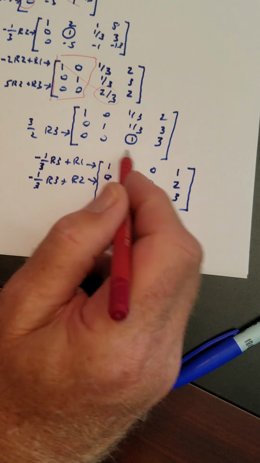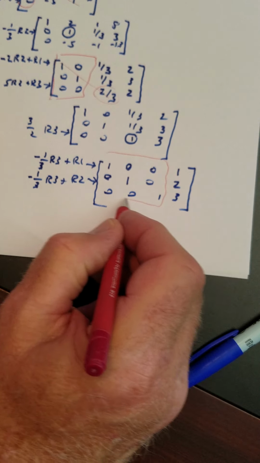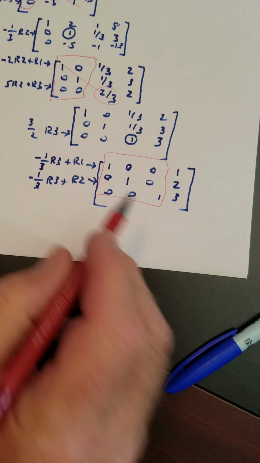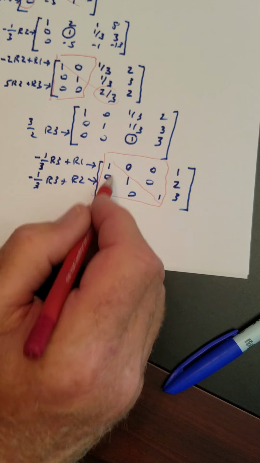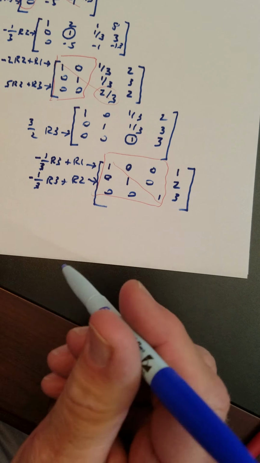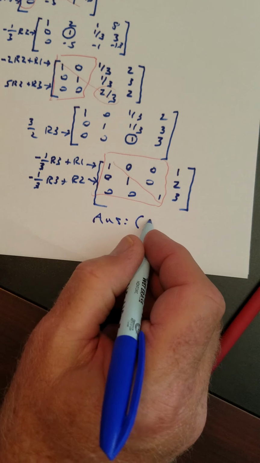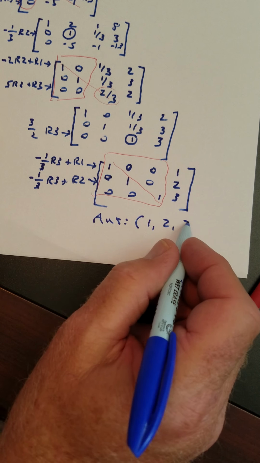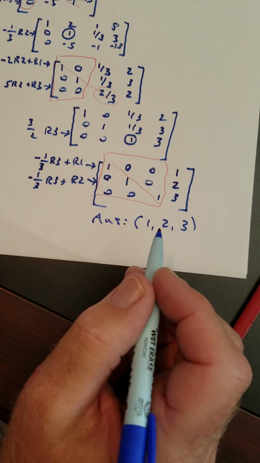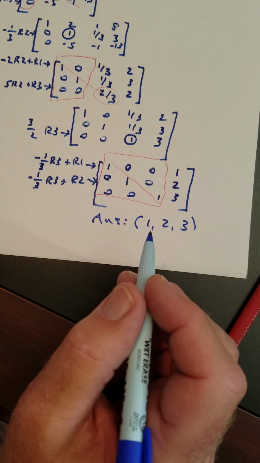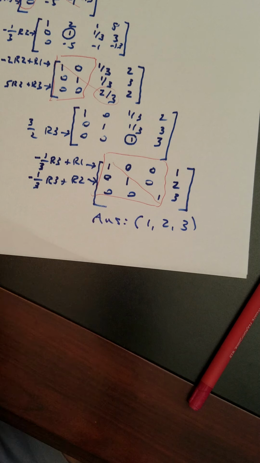Okay, so at this point here, you'll notice I've got ones on the diagonal and zeros everywhere else. So my answer is 1, 2, 3. And that should be the same answer as before, but I know it's not.